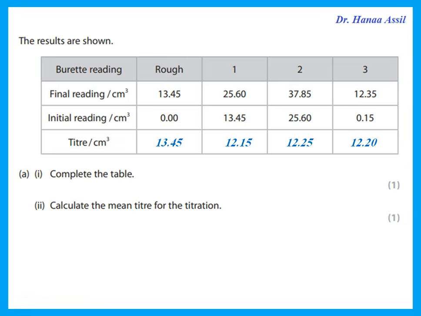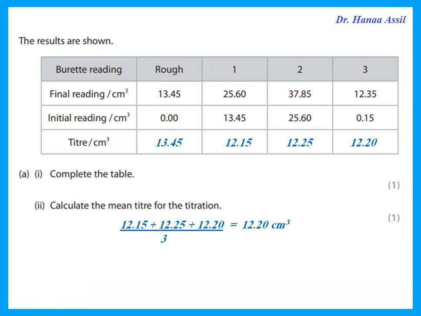Then he says calculate the mean titer. Now, when you look at these results, you will find that one of them is 13 point something, almost 13.5. The others are all 12.15, 12.25, 12.20. When we calculate the mean, we take only the concordant results. You remember what are concordant results?